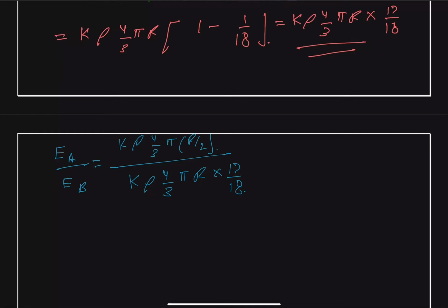We can cancel K rho 4 by 3 pi r, and r goes away.